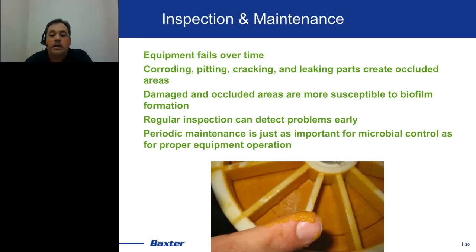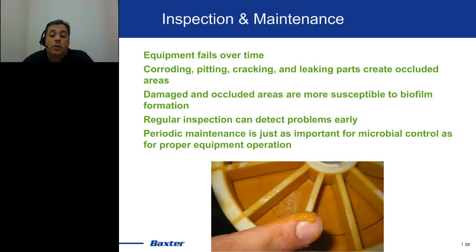All right. So moving on then to inspection and maintenance. Inspection and maintenance are really critical as well. So some of that has to do with the fact that equipment just fails over time. That given enough time, virtually everything is going to fail. And so you need to keep an eye on what's happening with equipment over time.